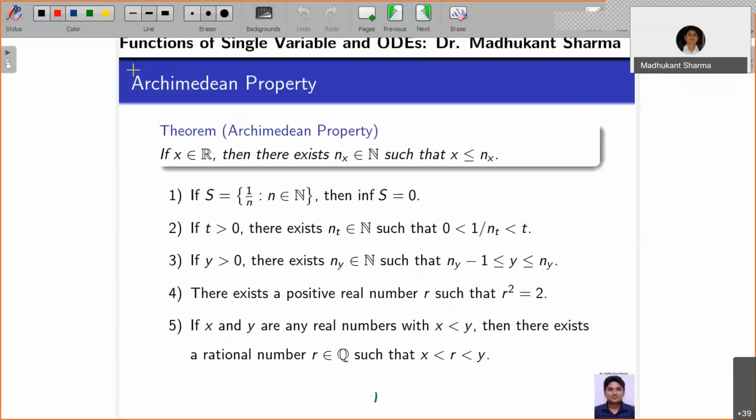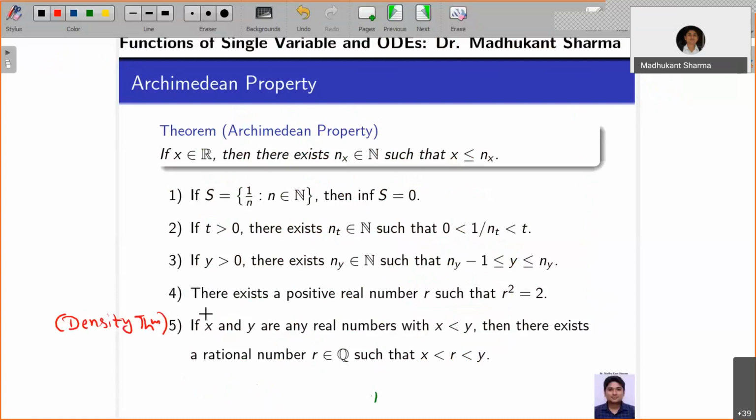Okay, so the very last result of this session is also known as the density theorem. This fifth result is also known as the famous density theorem.